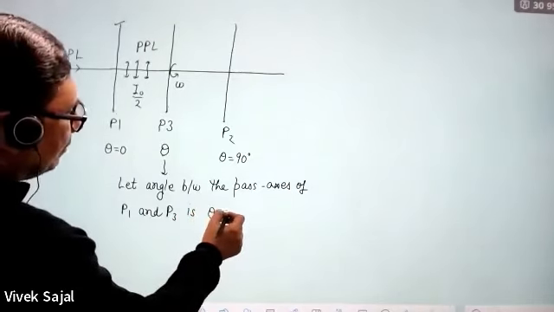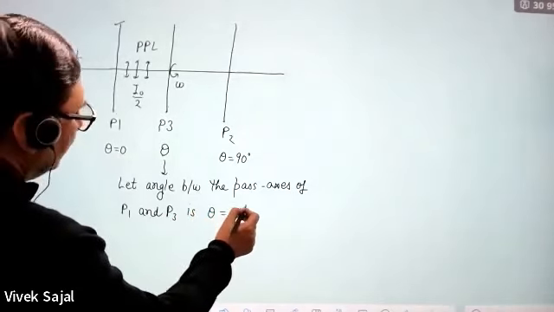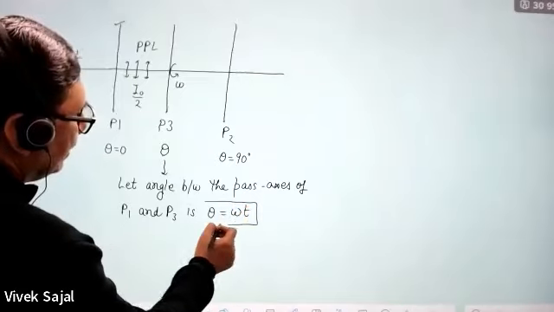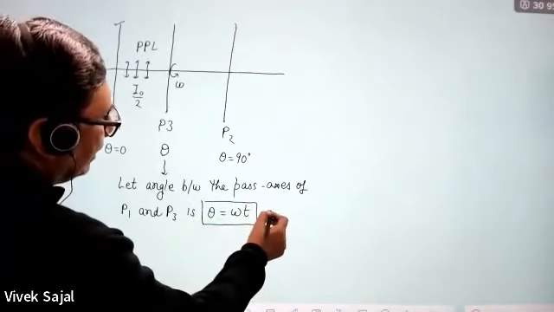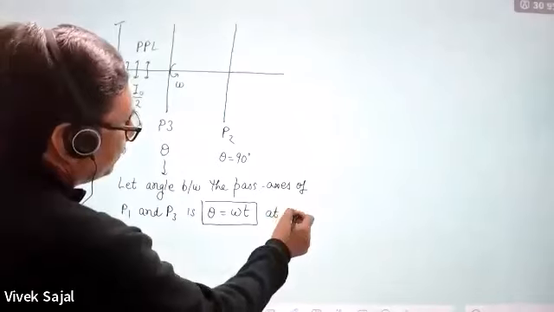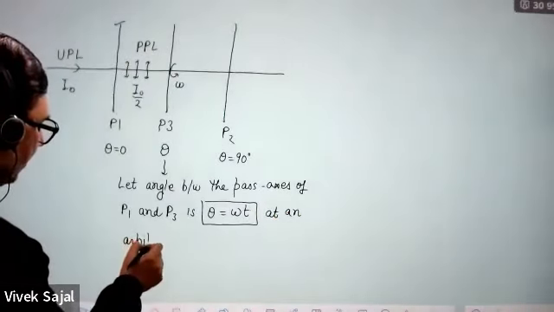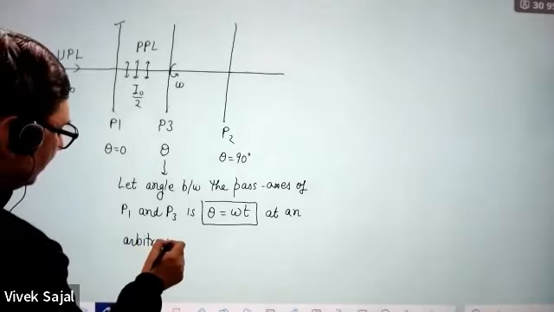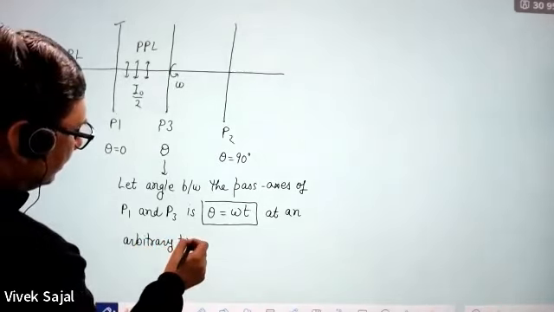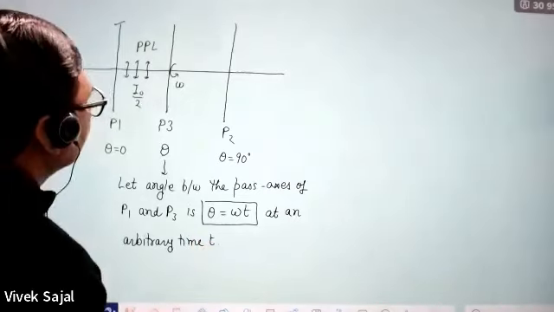And how much will this theta be? Theta will be omega t. Is theta equal to omega t at an arbitrary time t? At any time t, you can say.